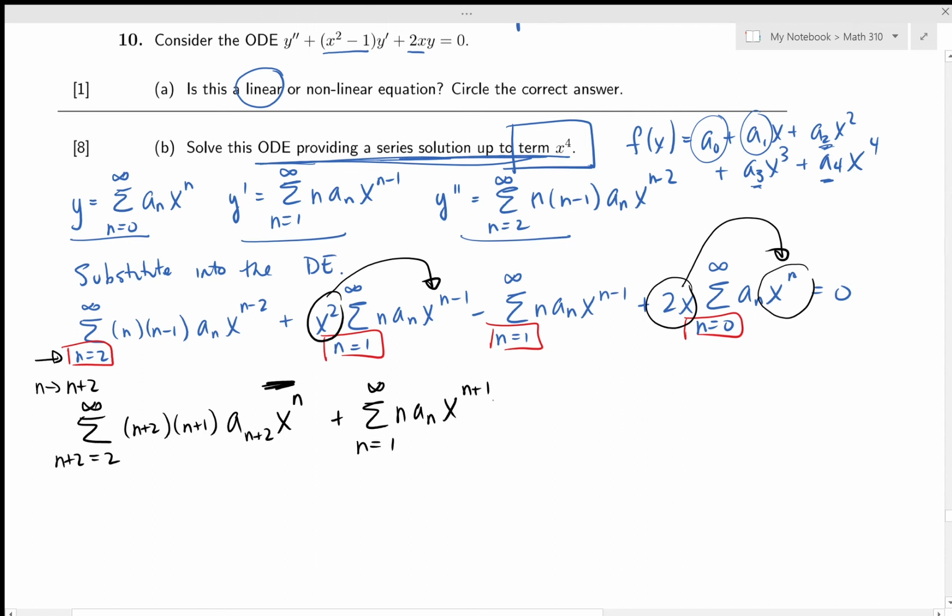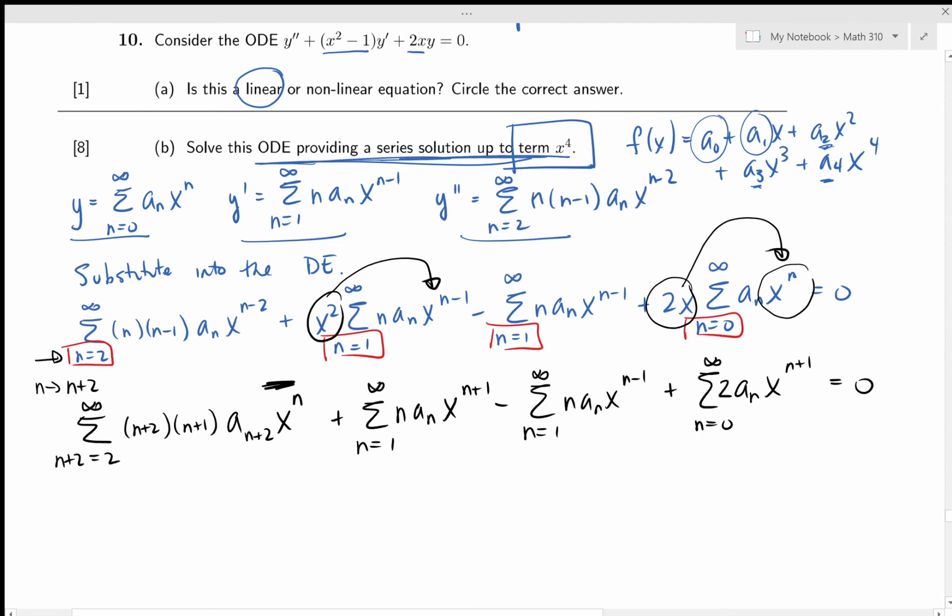And then here, I'm not changing this one at all, n a to the n x to the n minus 1. And on this one, I'm moving that into the inside. It's still n equals 0 to infinity, a n x to the n plus 1, and that is equal to 0.